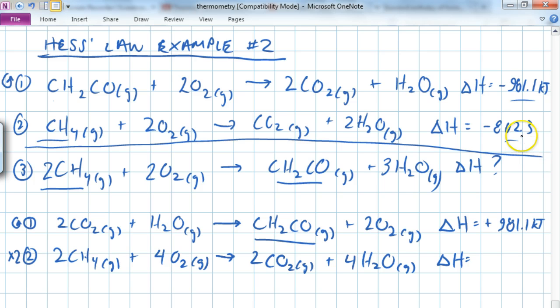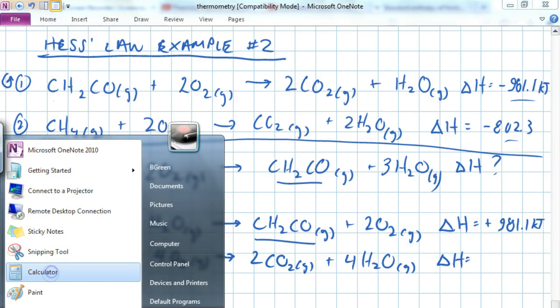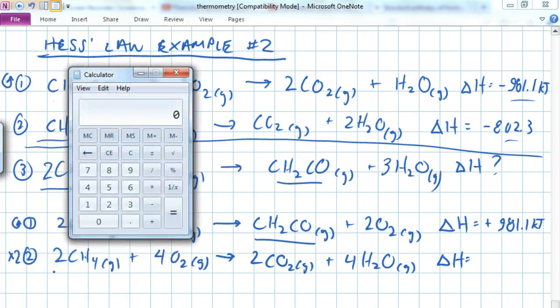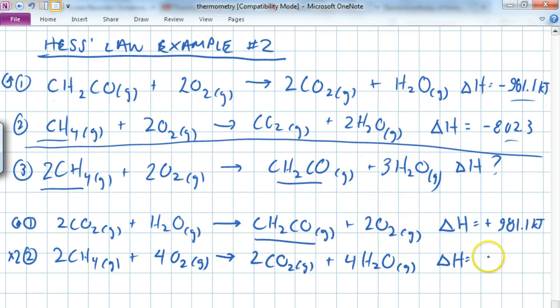So in this case, that's 802.3 times 2, which is 1604.6, and that's negative. I didn't change the sign this time because I didn't reverse the reaction.